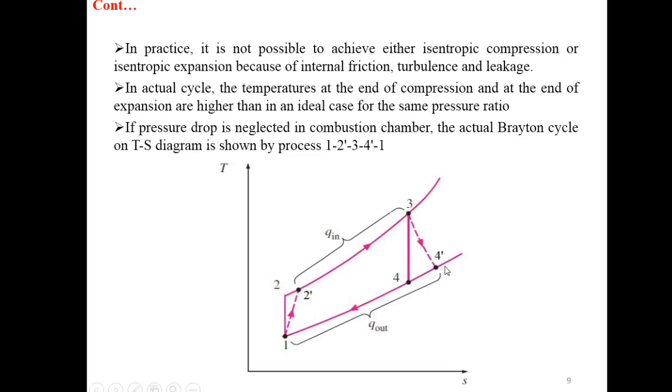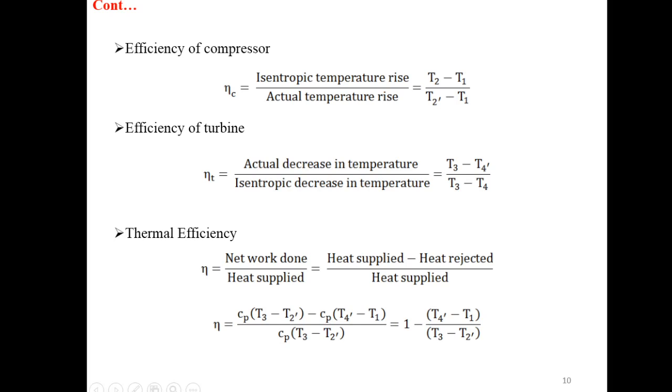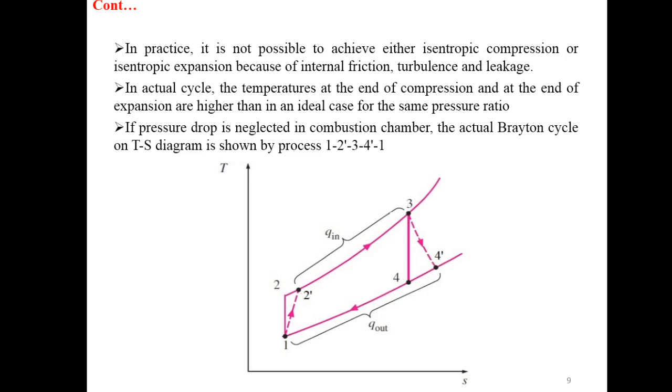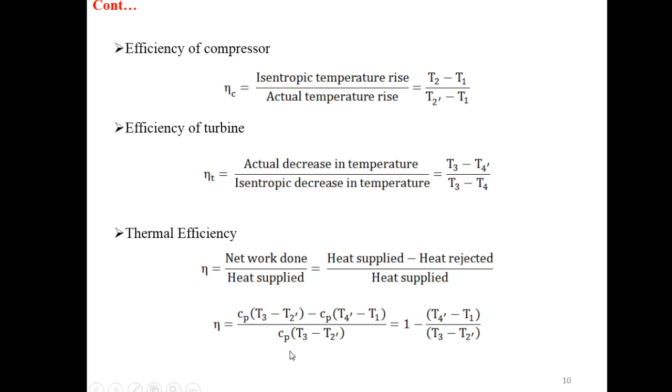In such a situation, what do we have to do? We have to find out the efficiency of the compressor. Efficiency of the compressor will be equal to isentropic temperature rise divided by actual temperature rise. So the isentropic temperature rise will be T2 minus T1, divided by the actual rise, which will be T2 dash minus T1.